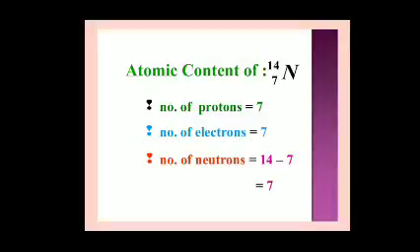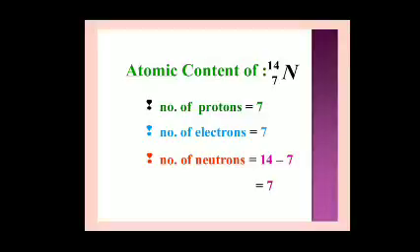The number of neutrons present in nitrogen is equal to A minus Z. The mass number of nitrogen, or atomic weight of nitrogen, is equal to 14, therefore A is equal to 14. The number of neutrons is A minus Z, 14 minus 7, that is equal to 7.